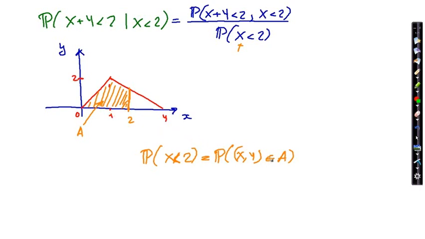Okay, I have two methods to calculate. I can calculate straightforwardly with this A. This is the double integral over A of f dx dy, and because f in this region, and in particular for A, is equal to 1 over 4, this is constant, I will have 1 over 4 times the area of A, and I need to calculate that area of A. The area of A is easy to calculate by calculating the triangle area.